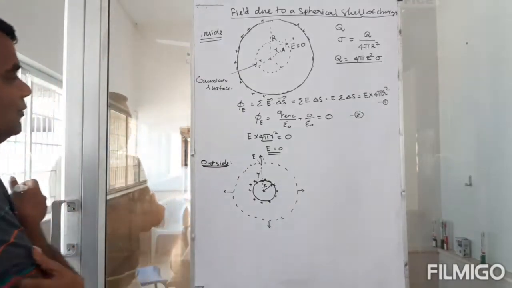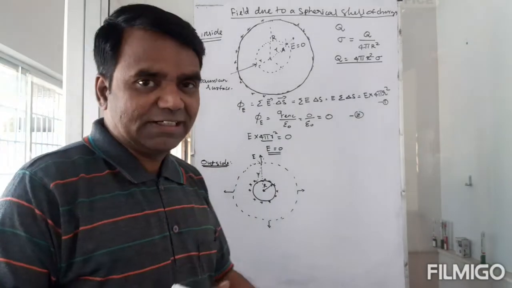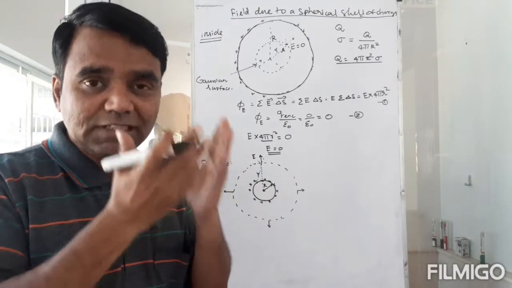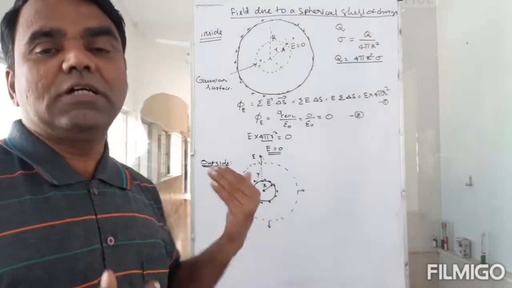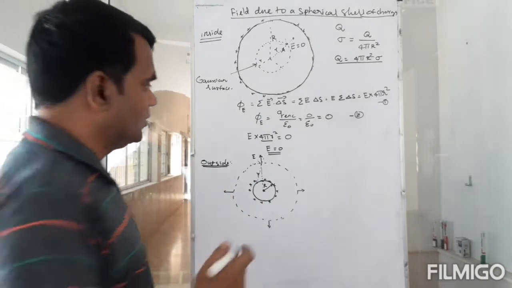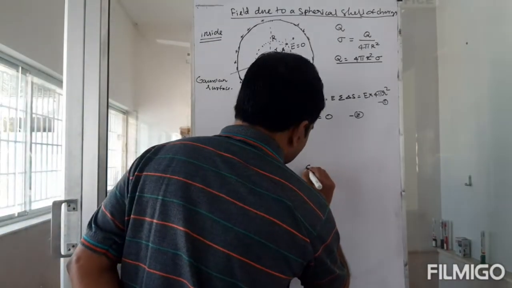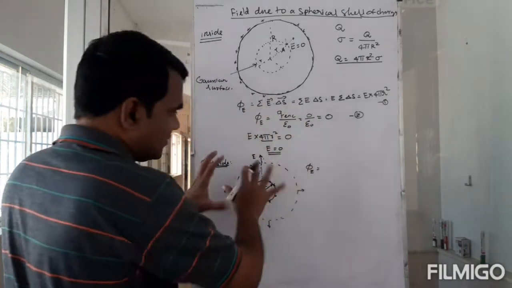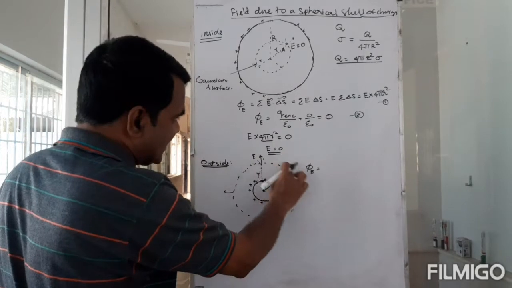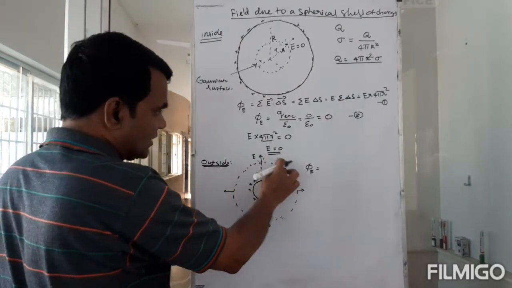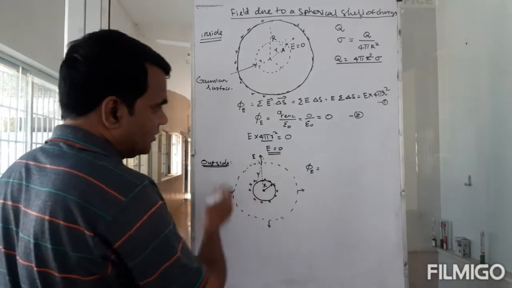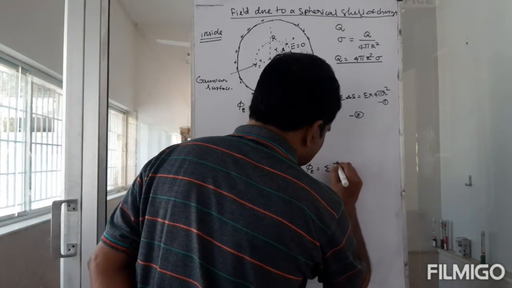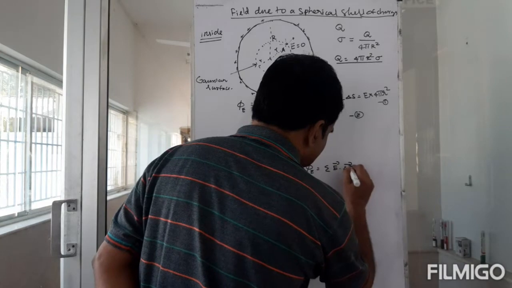Okay? Now, again, if you want to find the flux which is coming out of the sphere, it's going to be the flux coming out, phi E, the total flux coming out of this sphere, this imaginary sphere, can be written as the sum of all these E vectors dot delta S vectors.